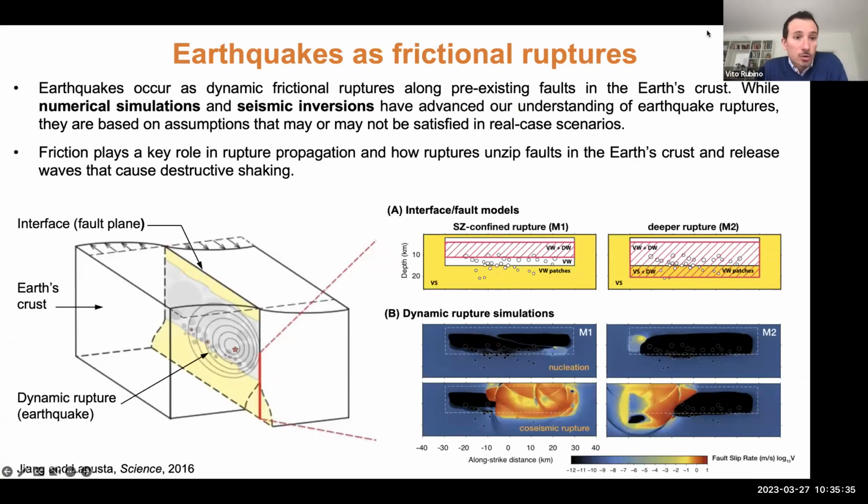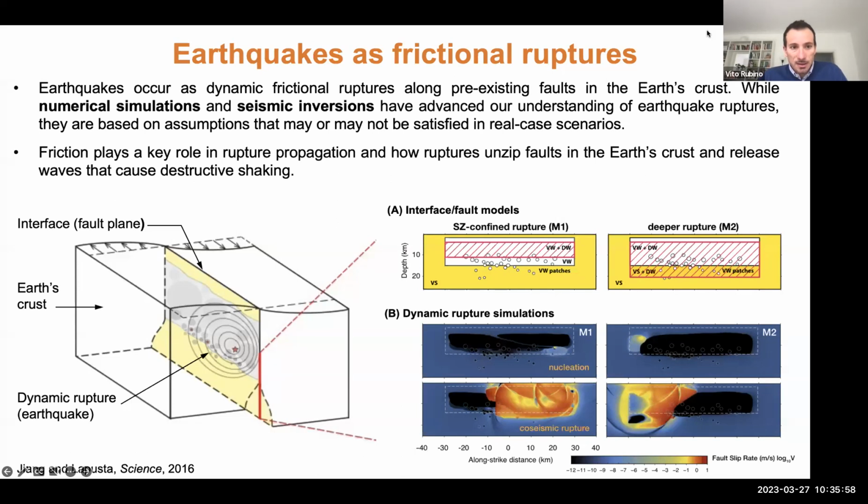First of all, we all know that earthquakes occur as dynamic frictional ruptures along pre-existing faults in the Earth's crust, and numerical simulations as well as seismic inversions have advanced our understanding of the earthquake process. However, they are both based on assumptions that may or may not be satisfied in real case scenarios. So that's one point.